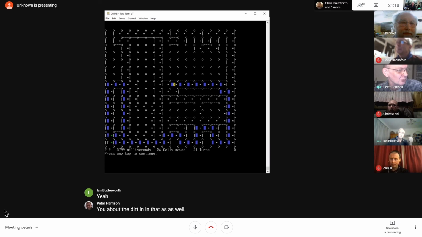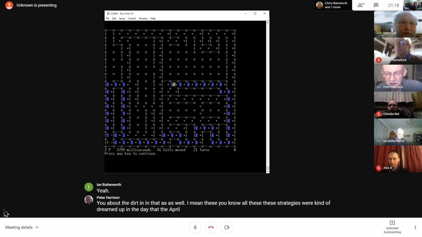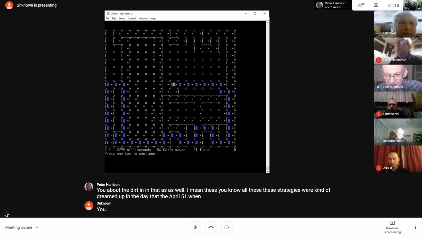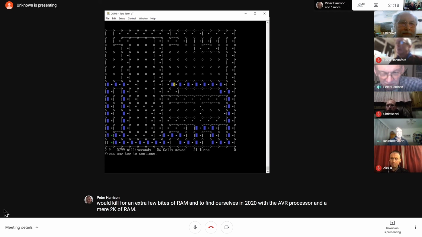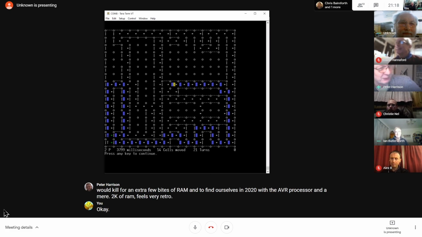I mean, all these strategies were kind of dreamt up in the days of the 8051, when people would kill for an extra few bytes of RAM. And to find ourselves in 2020 with the AVR processor and a mere 2K of RAM feels very retro. But I say it's doable.